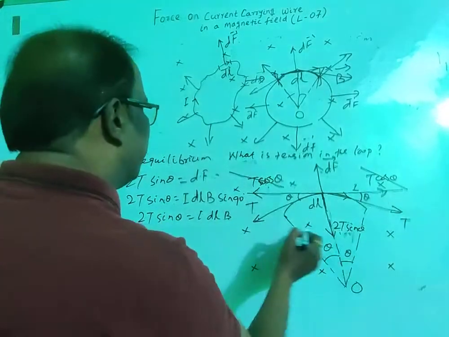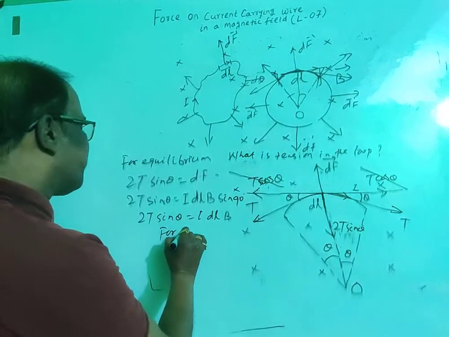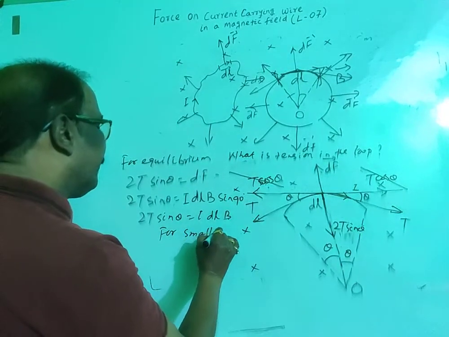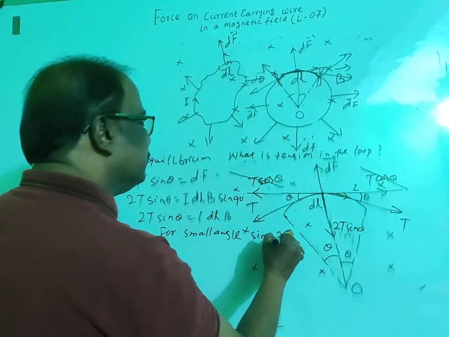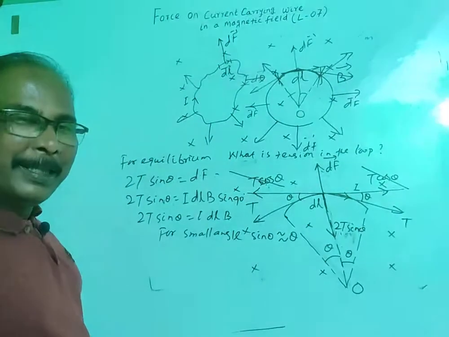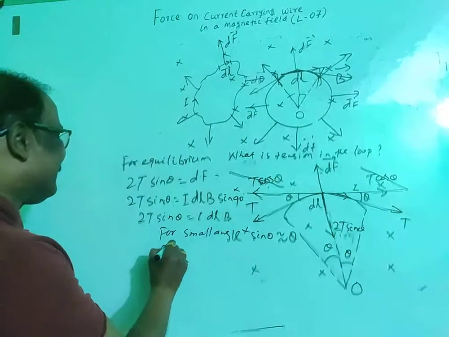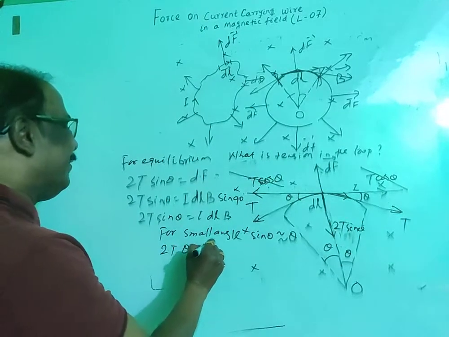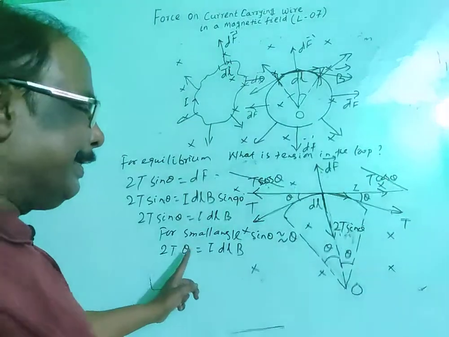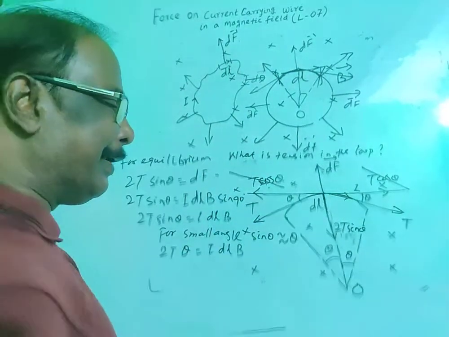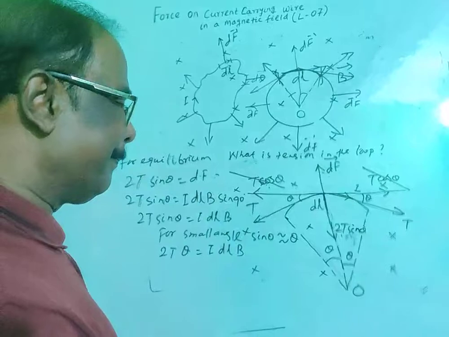If this angle is very small, then for a small angle we may take sin theta as theta. Then 2T into theta is equal to I dl into B. Is it clear?